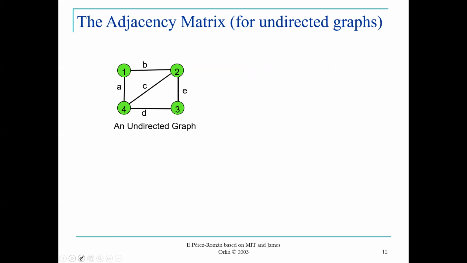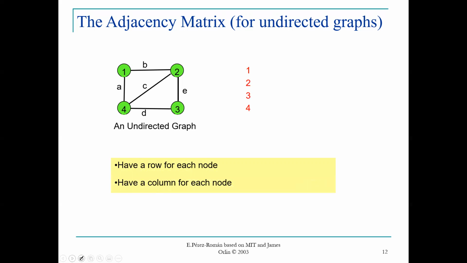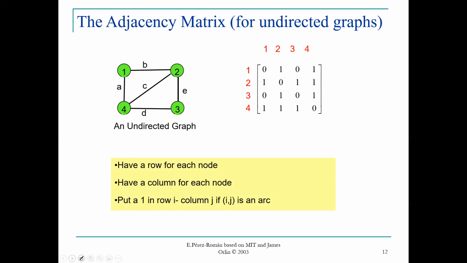Okay, so now for the adjacency matrix for an undirected graph, we have a row for each node and a column for each node. We put a 1 in row i, column j, if (i,j) is an arc. So now we're going to have two 1s for each arc represented in the matrix.